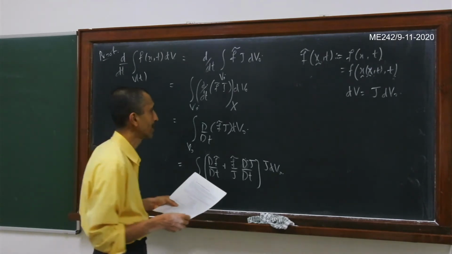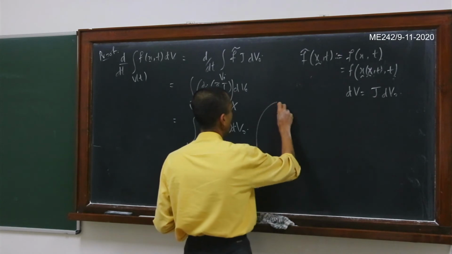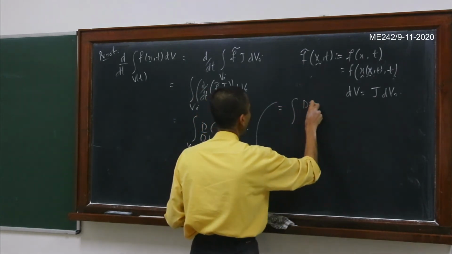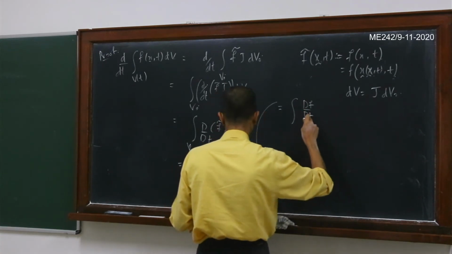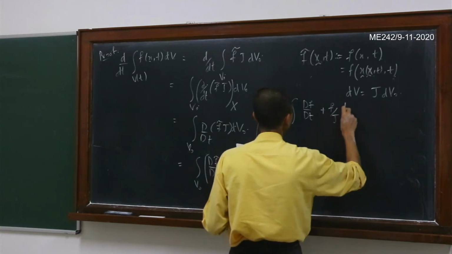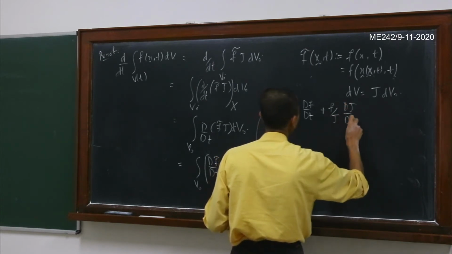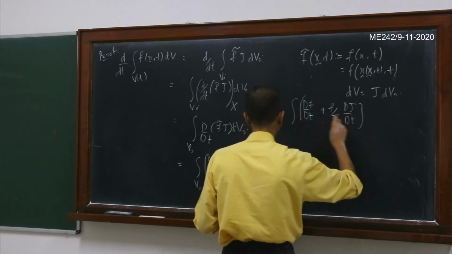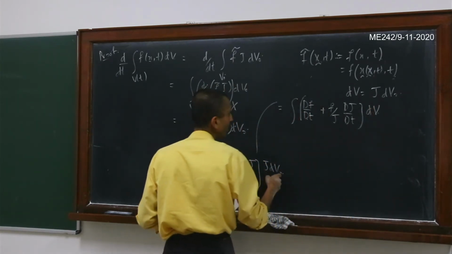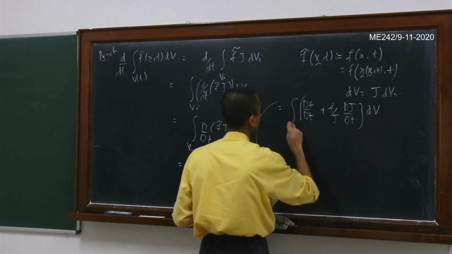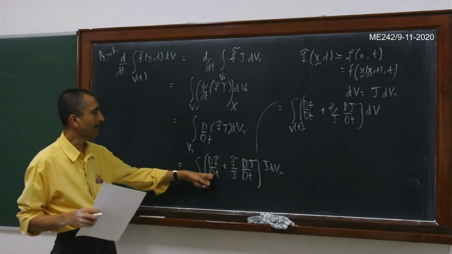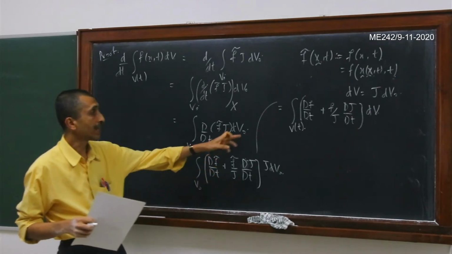So this is equal to the integral of df by dt plus f by j times dj by dt, times dv over v of t, because j times dv naught is just dv. And this df tilde by dt I am now expressing in Eulerian form.